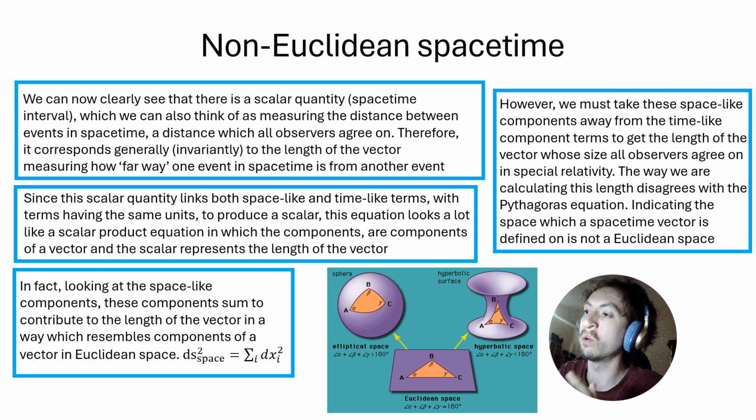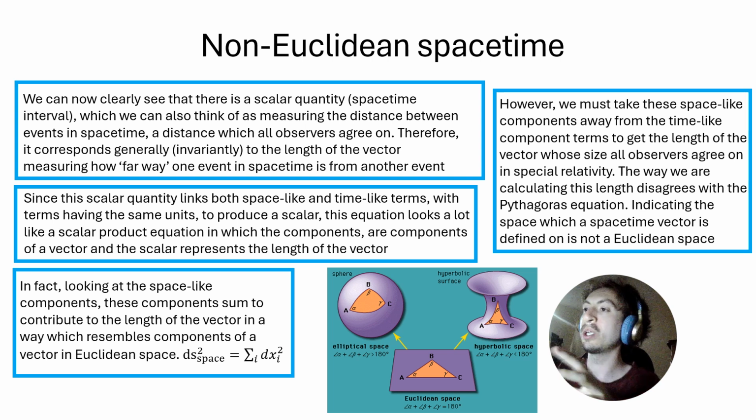It does not obey Pythagoras' theorem because of the natural way we have defined distance in space-time. Instead, space-time is something called hyperbolic, a space which goes by many names, but one name is a hyperbolic space. And we're now going to look at more details of exactly what this hyperbolic space is.